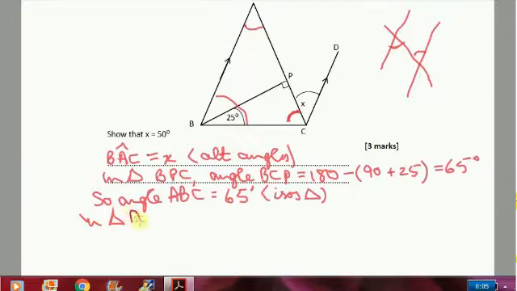In triangle ABC, angle BAC is equal to 180 minus the two base angles, which were 65 and 65.